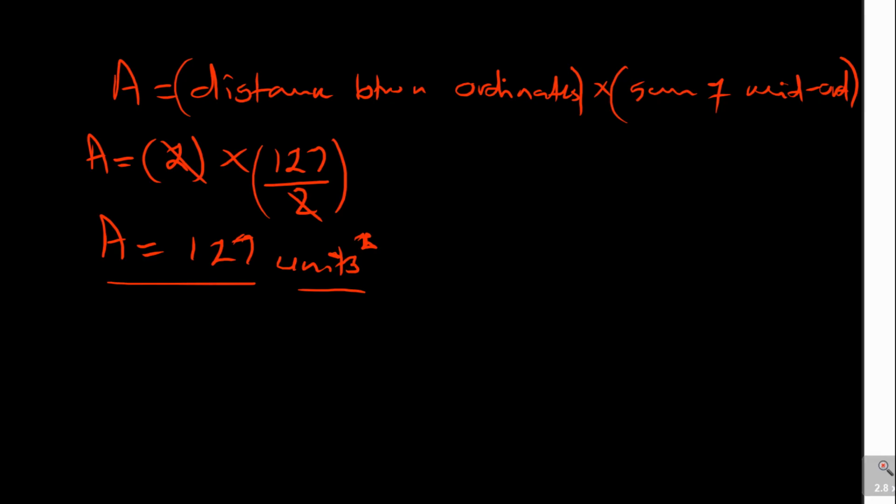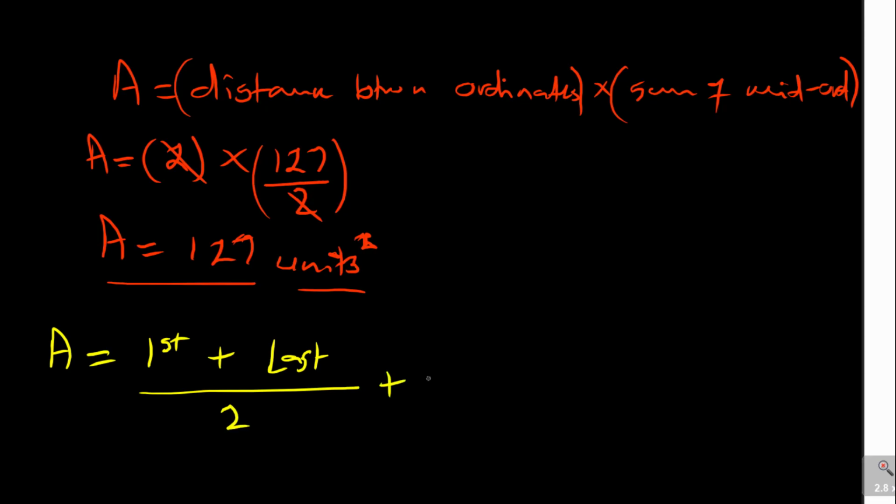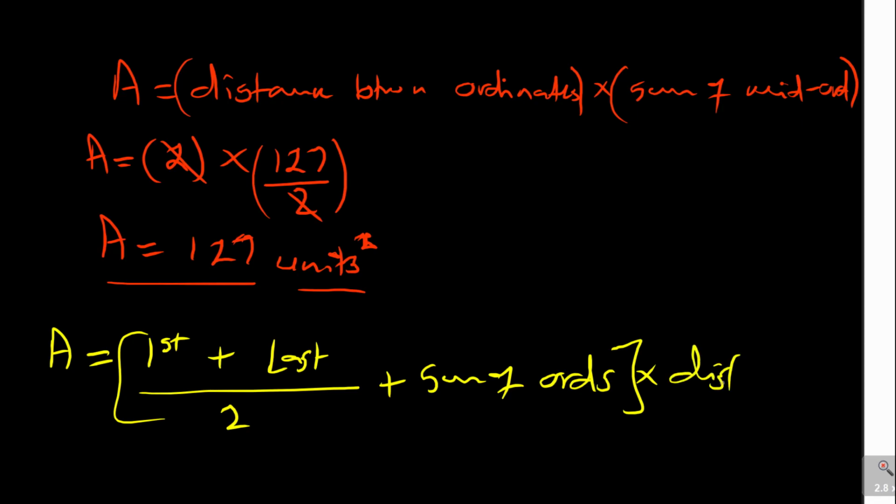A is equal to first plus last over 2, plus sum of other ordinates, bracket, times common distance between the ordinates. I think it was like that.